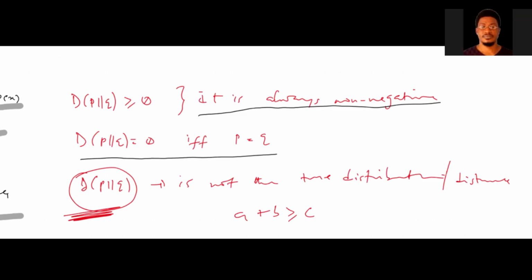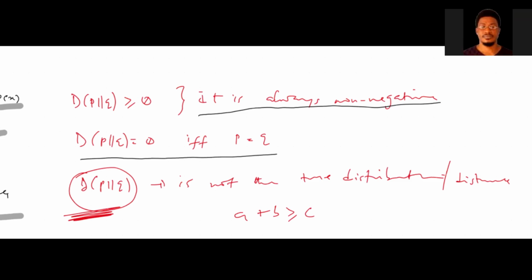So what we are trying to say is that this relative entropy is not the true distribution. Or better still, is not the true distance between the distributions, okay? This is not the true distance.